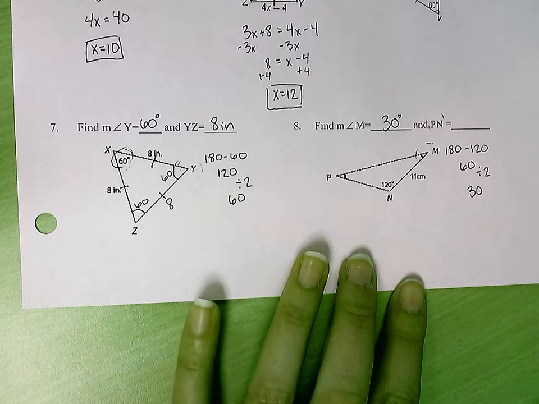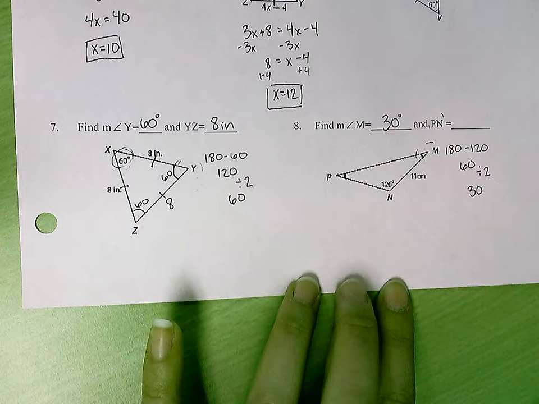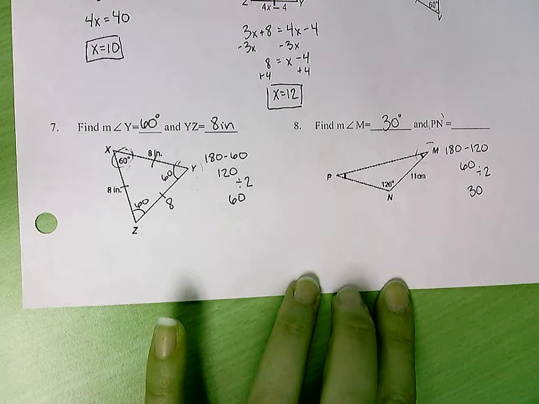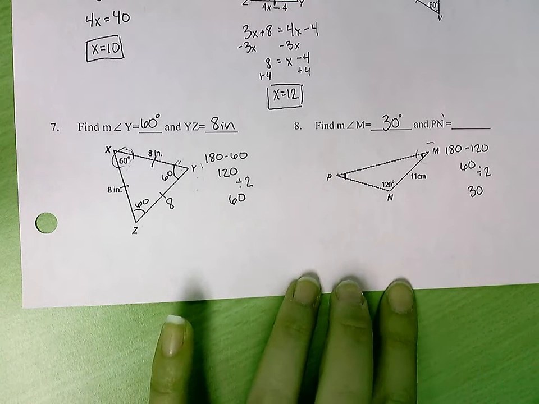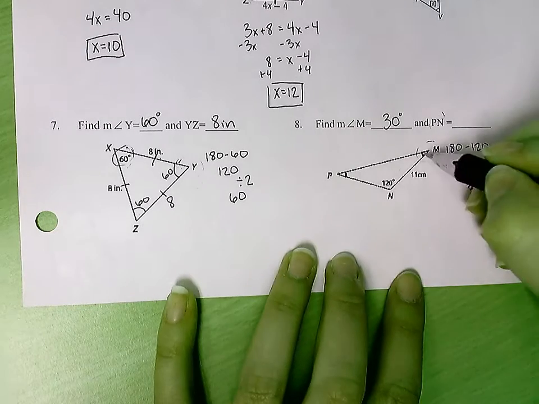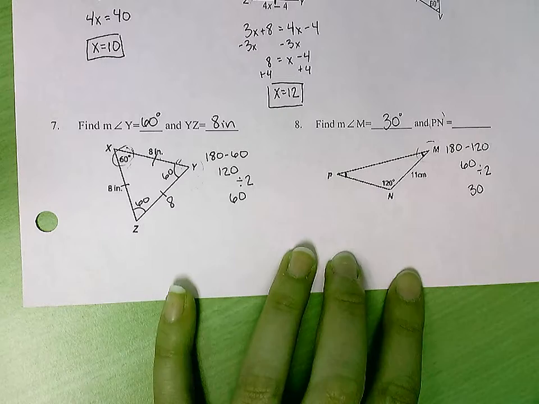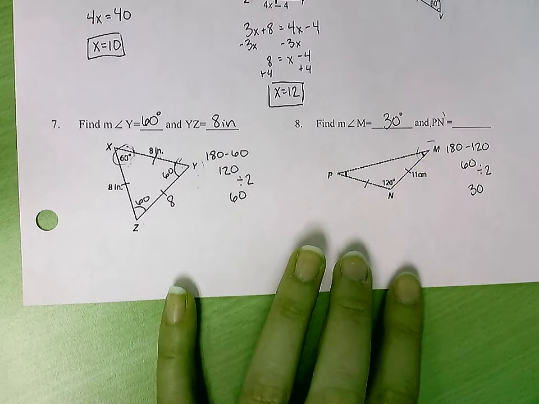What type of triangle is this? What did we do yesterday? Isosceles. Okay, this is an isosceles triangle. Since both of those angles are congruent, both of these sides are congruent.